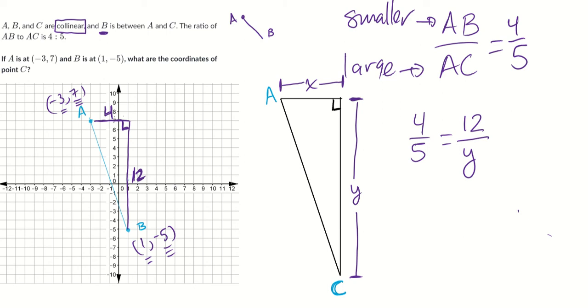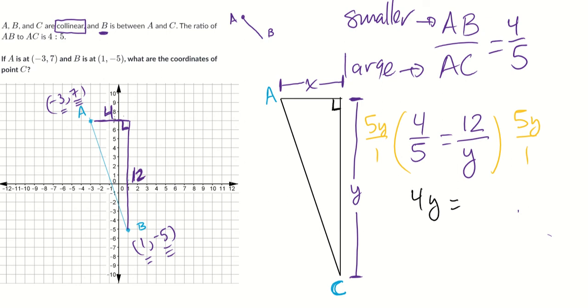This is beautiful because this allows me to figure out how big of a change y is. Just using the fact that they're similar triangles, I can solve this. I would say in this case that I'd like to multiply both sides by 5y and get rid of the fractions. So if I multiply each side of this equation by 5 times y, on the left-hand side, we end up getting just 4y.